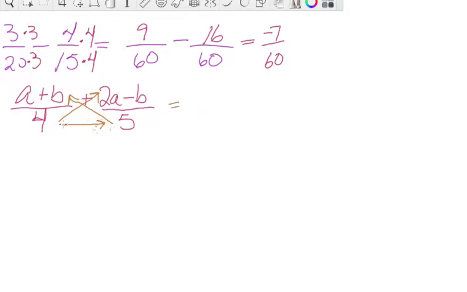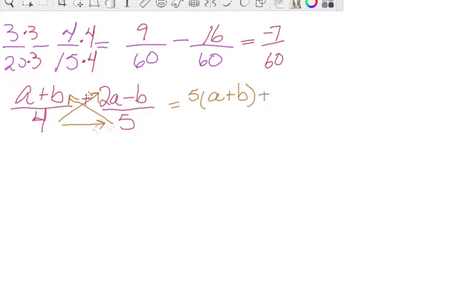So let's try this. What is 5 times a plus b? Well, you know what, let's just write it out for now. So we get 5 times a plus b, and then 4 times 2a minus b, okay?